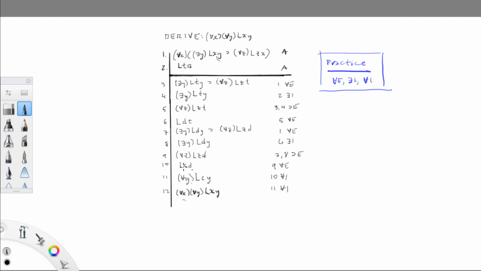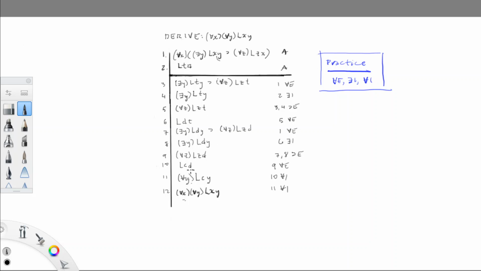And we planned this very carefully. Line 10 is input for universal introduction because the name D does not appear in any primary assumptions, and the name D isn't going to show up in our resulting universal generalization. Line 11 is input for universal introduction because the name C does not appear in the result of the rule application, and the name C does not appear in any primary assumptions.